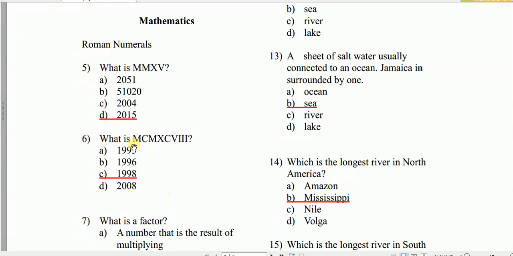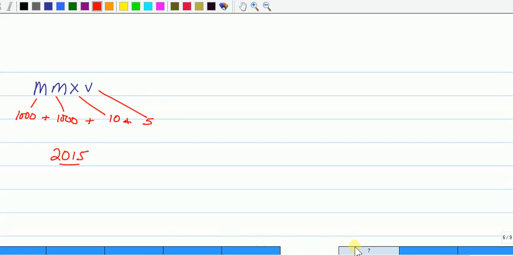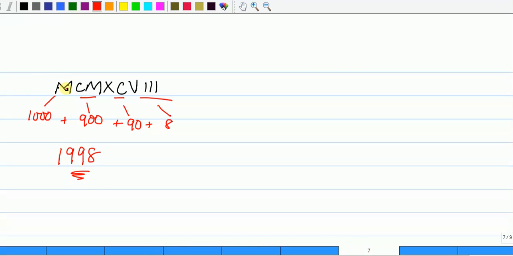Number 6, a long one. What is MCMXCV and 3 I's? Let's go over and look again. This would be M representing, as we said before, 1,000, but CM is 900. The C being on the left of the M is 100 from 1,000, giving us 900.